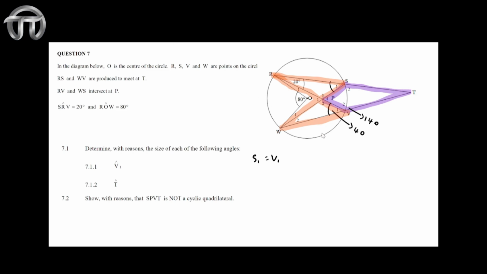These are angles on the same segment. Angles on the same segment, we say that they are equal. So that means S1 is equal to V1, and the value of that angle is equal to 40 degrees. These are angles that are on the same segment.